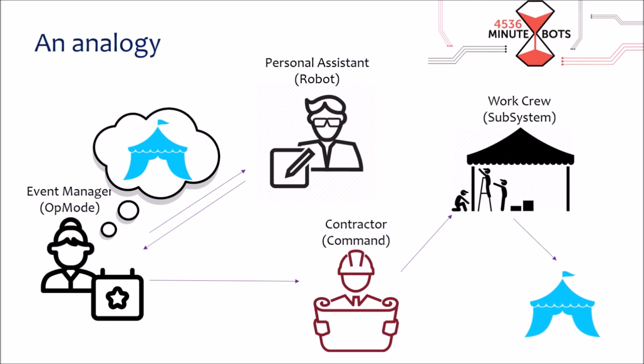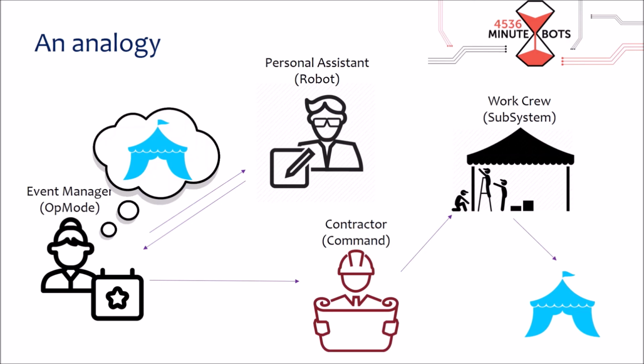This process may seem overly complicated. Why, you might ask, why don't we just have the event manager do everything? And we could, but when you get into larger and more complex systems, just as in real life, doing that becomes ineffective. Having one person in charge of everything and not letting people specialize is actually more destructive and takes a longer time.